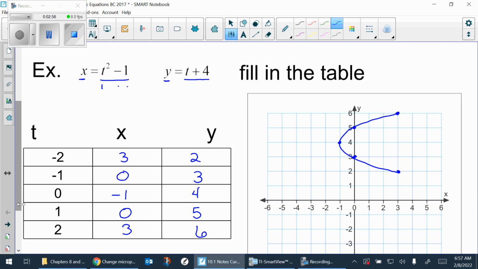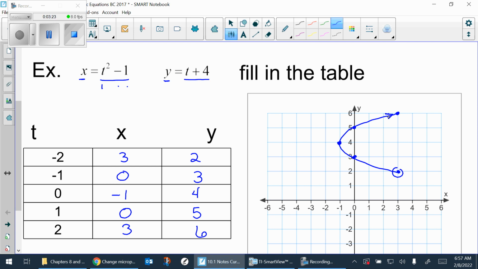And on the upcoming slides, we'll talk about how it's important to describe the curve that you get. So this would be a side opening parabola. We'd want to know where it starts, maybe what the vertex is, the direction it's going, where it ends, things like that.